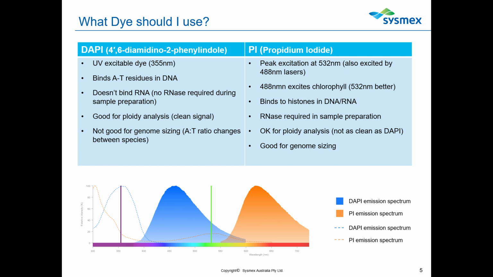And as I said, RNase is required for sample preparation to digest any PI that's bound to the RNA so that we get a clean DNA peak when we're looking at either the genome or the Ploidy level of the organism of interest. The peak emission for PI is out around the 630 nanometers.